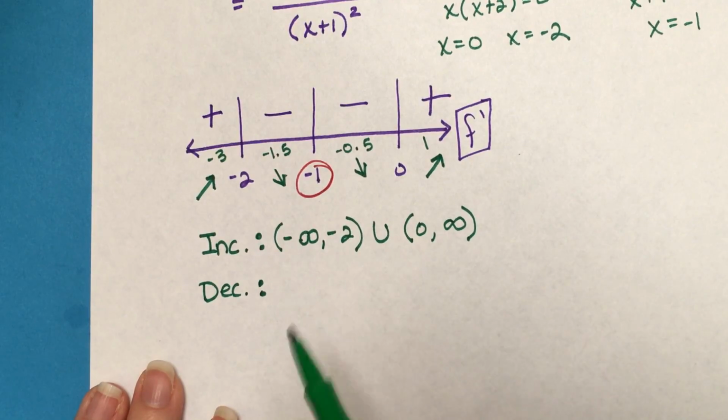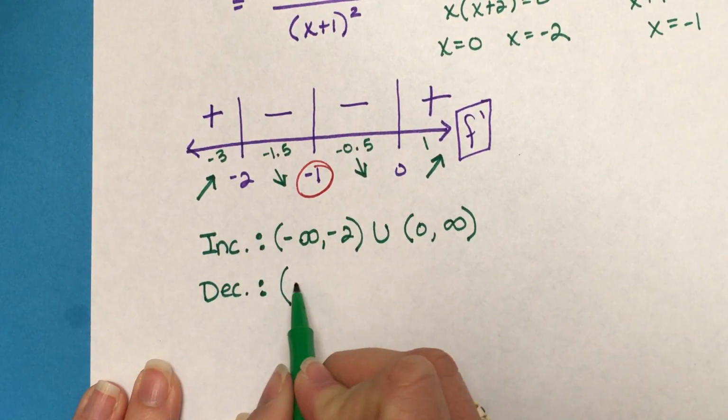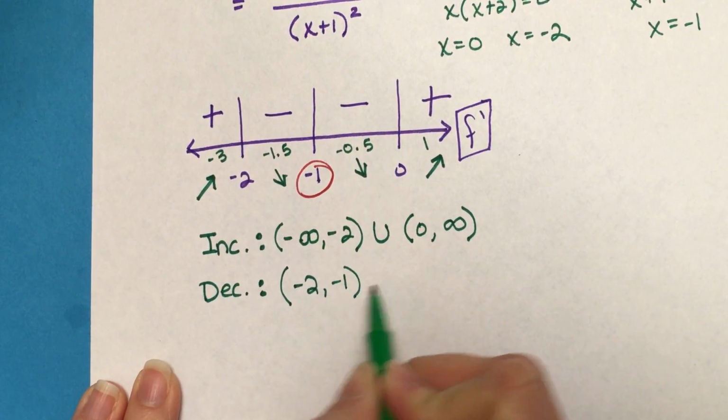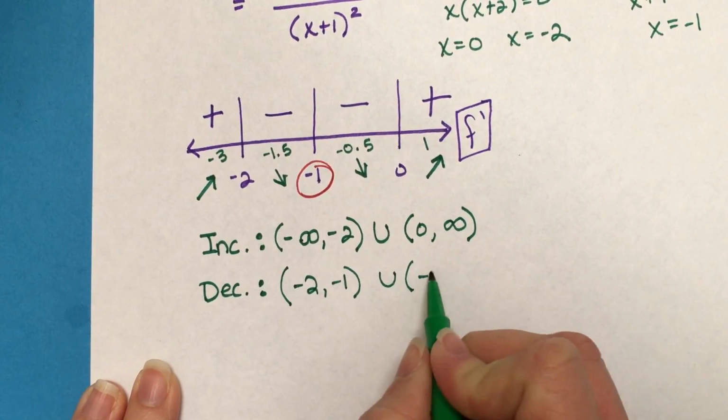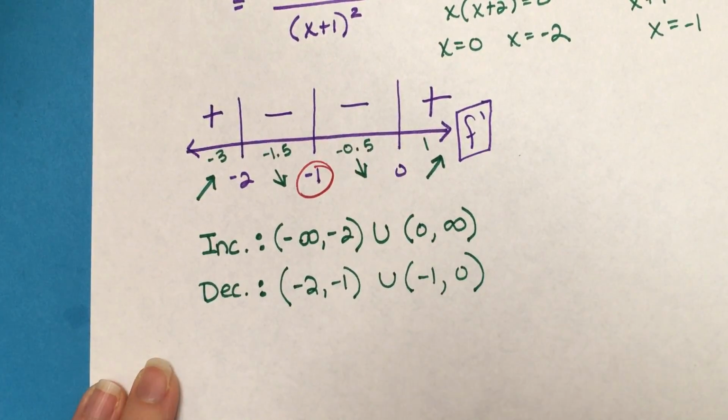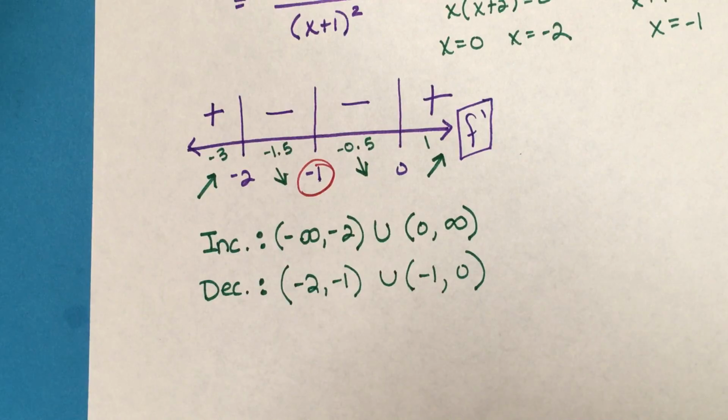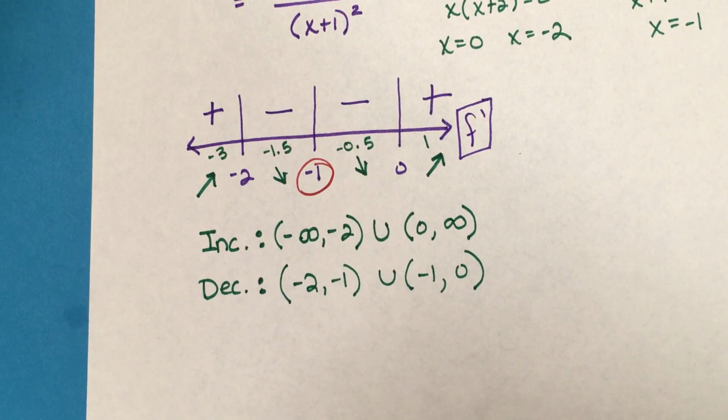So we would state that you're decreasing from negative 2 to negative 1, and then from the negative 1 to the 0. And just like I told you a while ago, you can always take your calculator and graph your original function and just see if what you have here matches up with what you're seeing on your calculator.